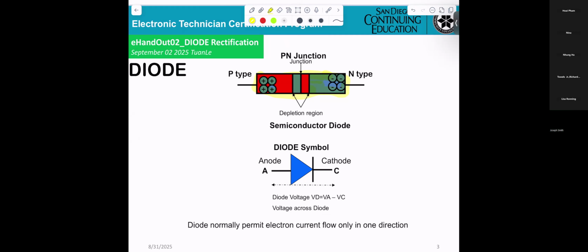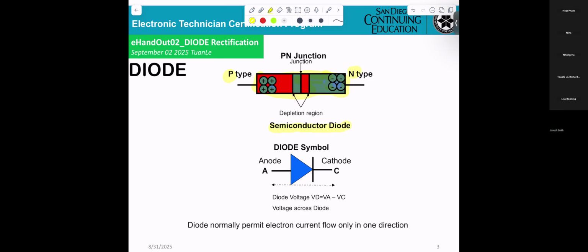Basically, a diode is just a PN, okay? P here, N here on the semiconductor. N contains negative, P positive, okay? And this is the junction between P and N. Basically, that is a semiconductor diode.